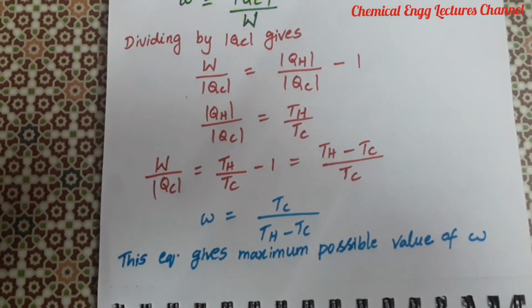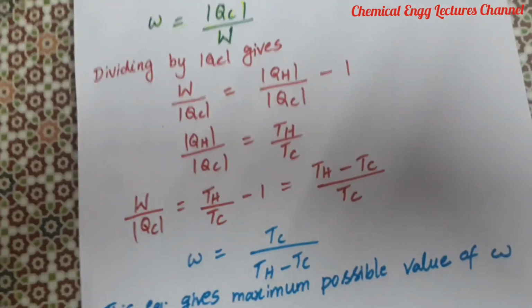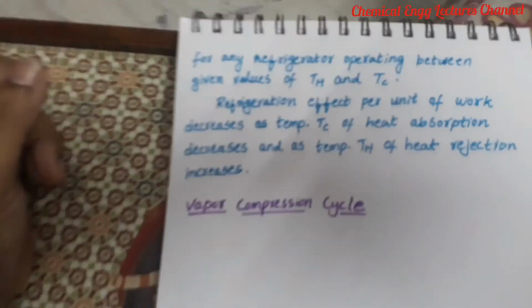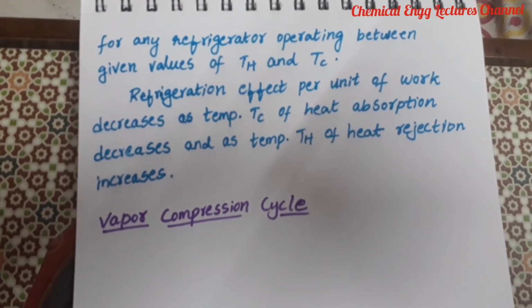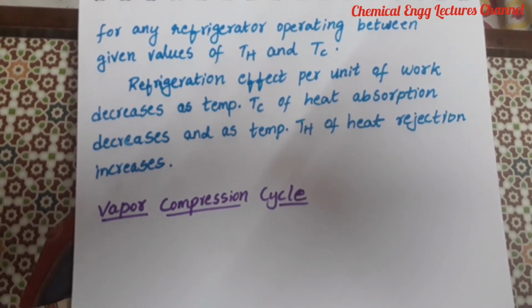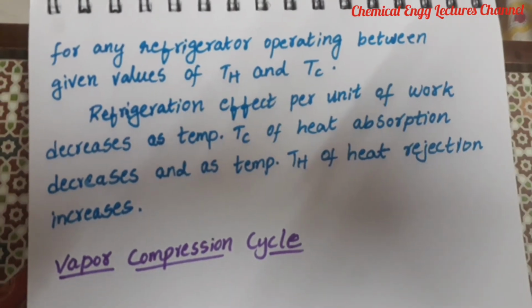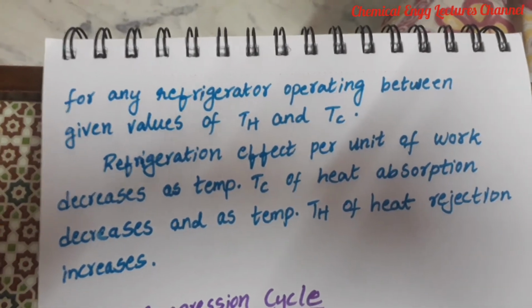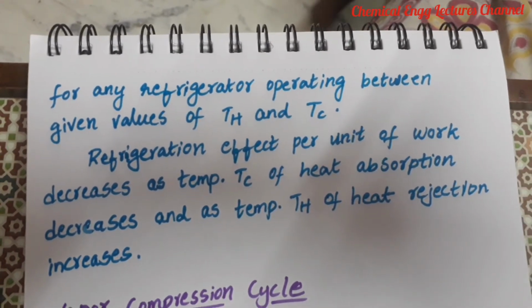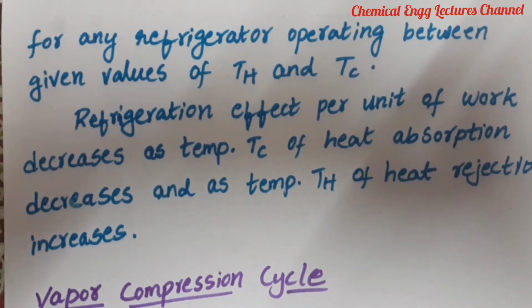This equation gives the maximum possible value of omega, the coefficient of performance, for any refrigerator operating between the given values of TH and TC. The refrigeration effect per unit of work decreases as the temperature TC of heat absorption decreases and as the temperature TH of heat rejection increases.